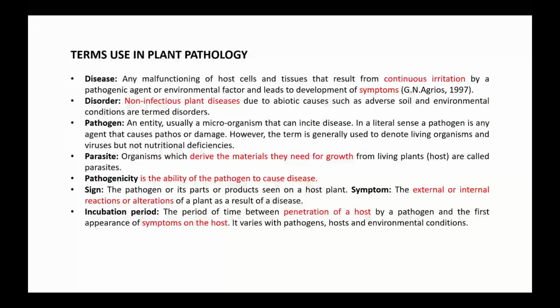Let's study some terms which are used in plant pathology. First is disease. Previously we studied that disease is a continuous irritation by a pathogen which develops the symptoms. This disease definition is given by G.N. Agrios in 1997.